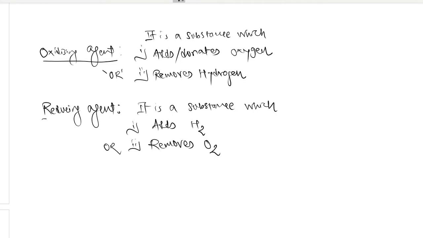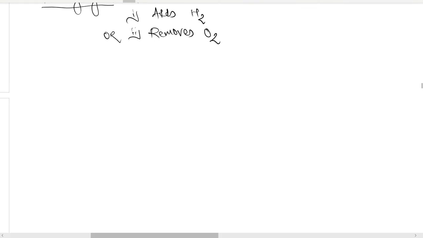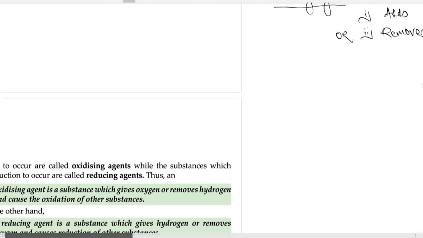Just the opposite of an oxidizing agent. They are both opposite of each other. A reducing agent adds hydrogen or removes oxygen. An oxidizing agent adds oxygen or removes hydrogen. Right? Now I think you are ready to see a proper example where we can explain this.